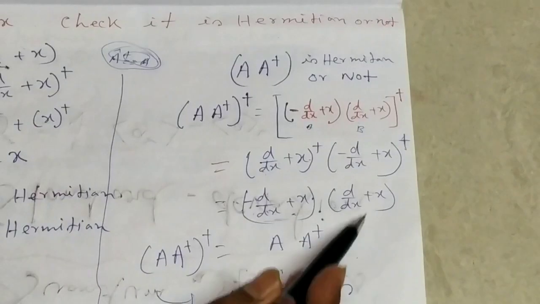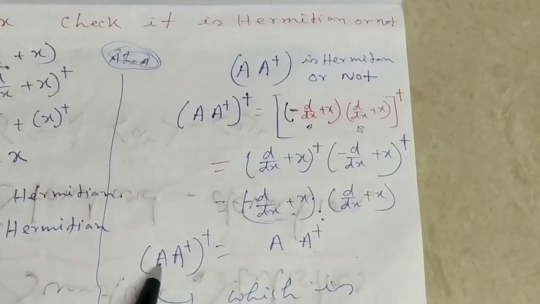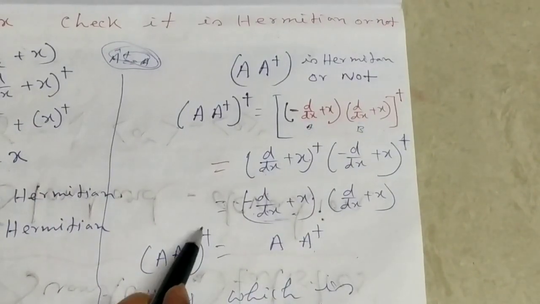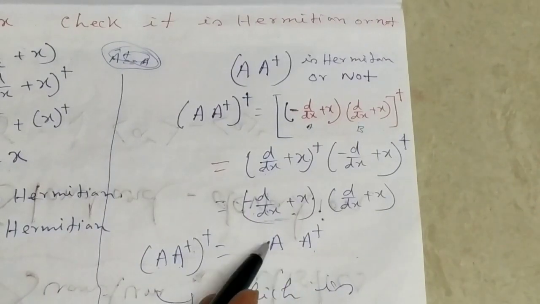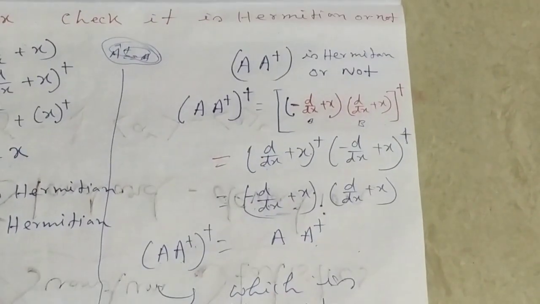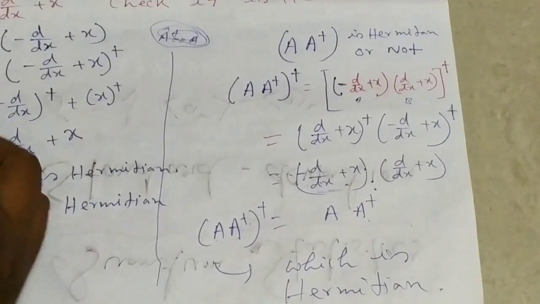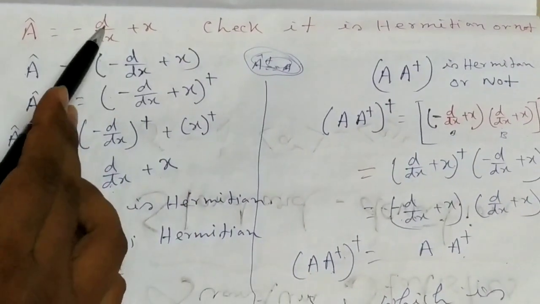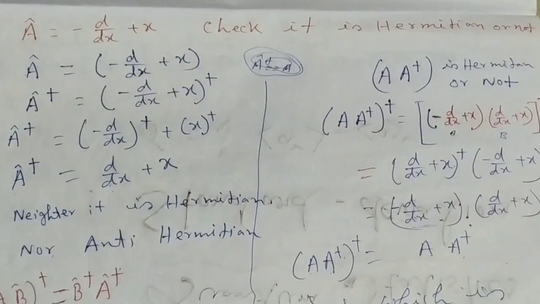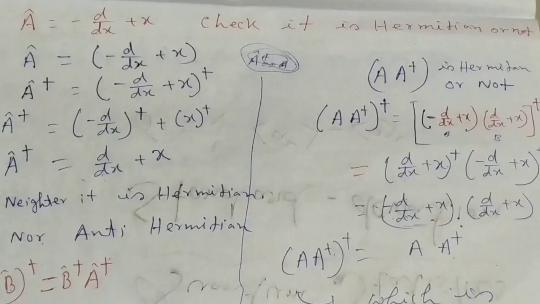So this is A and this is A†. So we get (A†)† equal to A†A†... which is Hermitian. That means we can say if A = −d/dx + x, then A† is Hermitian.